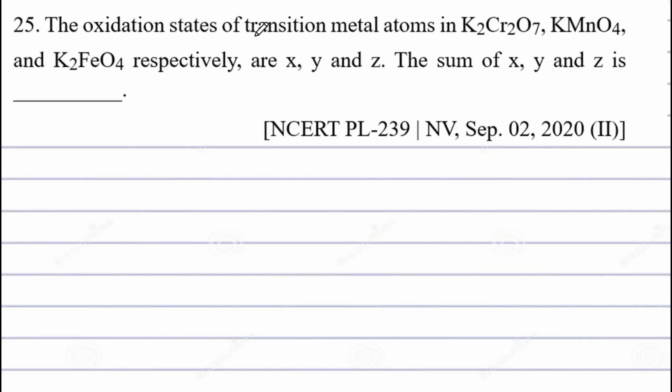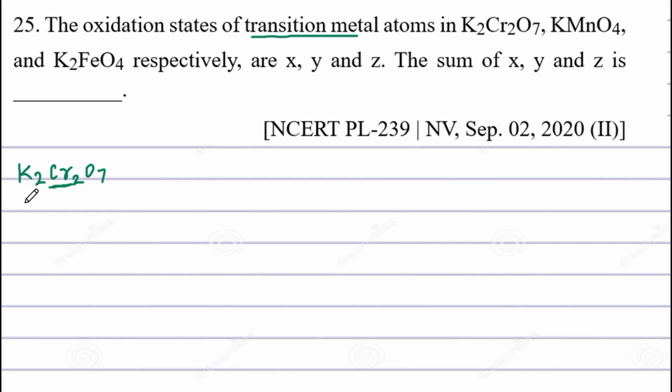The oxidation states of transition metal atoms in K2Cr2O7, KMnO4 and K2FeO4 respectively are X, Y and Z. The sum of X, Y and Z is. So it is a very easy question. First compound is potassium dichromate. You have to find the oxidation state of the transition metal, which here is chromium.